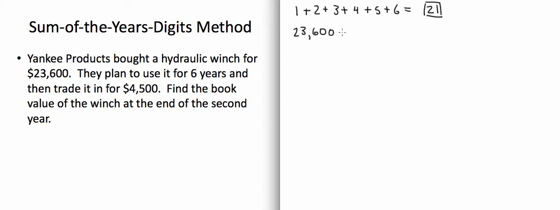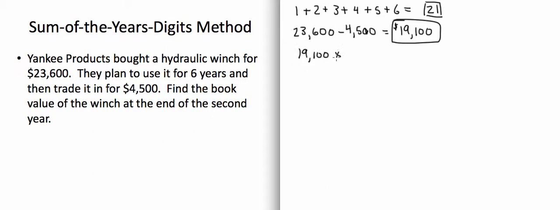So 23,600 minus 4,500, because this value is how much it depreciated over the course of the 6 years. And this value is 19,100. So the depreciation is $19,100.